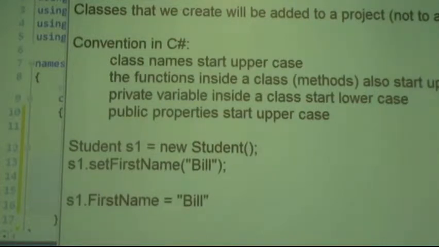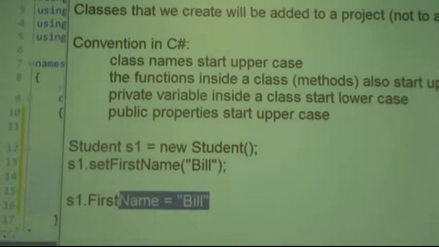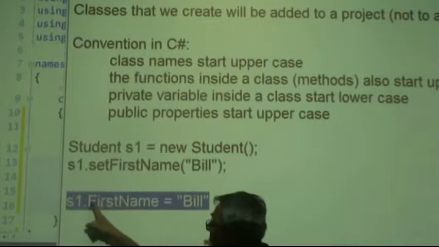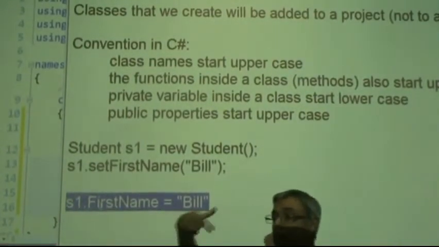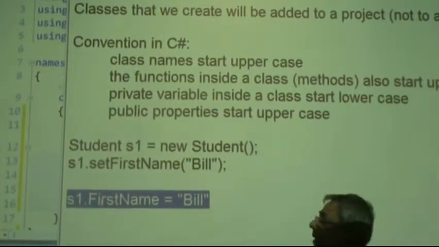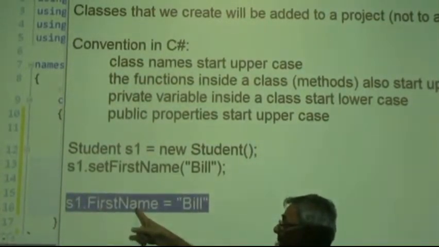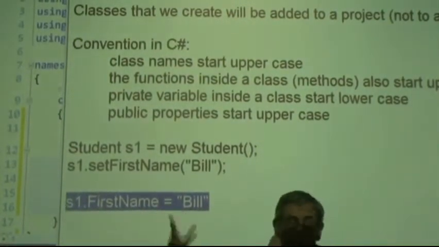So from a readability point of view, this is a little neater. So it basically says we are modifying the first name. But as I mentioned, as soon as this capital F appears, it will redirect either to a get or a set internally. So in this case, which one will it redirect to? The set part. Okay.